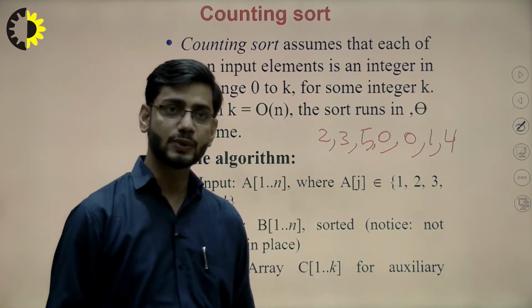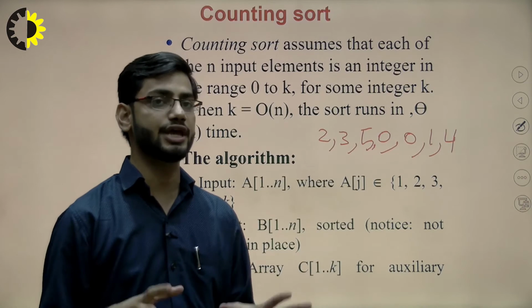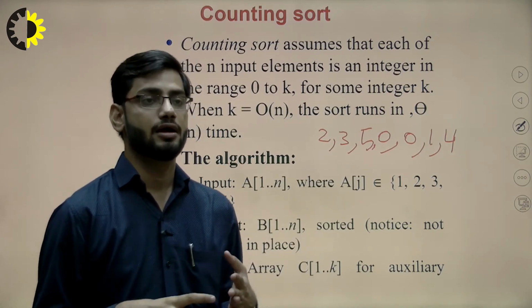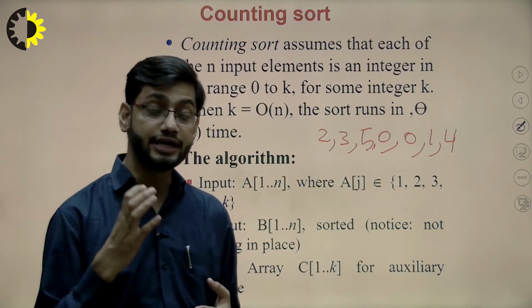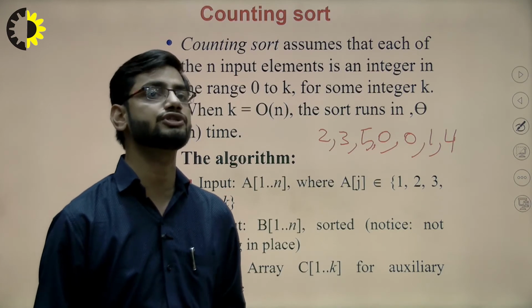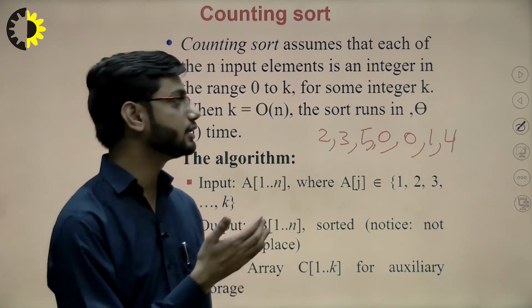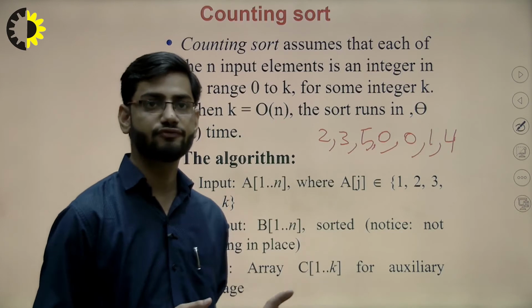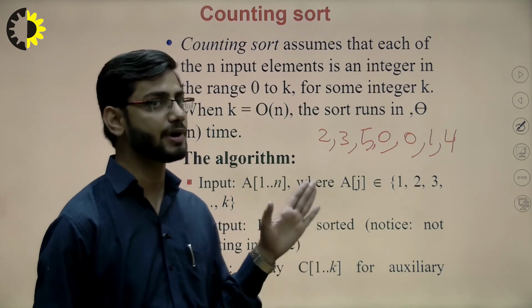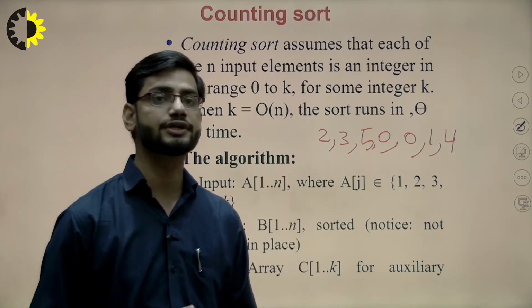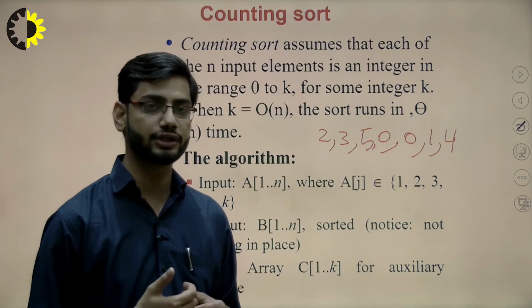As I told you earlier, these sorting algorithms impose a certain condition or boundation on the inputs that you are giving them for sorting purposes. So what constraint does counting sort put on the input array?